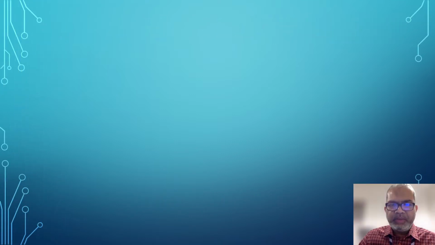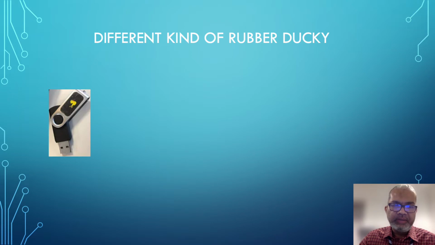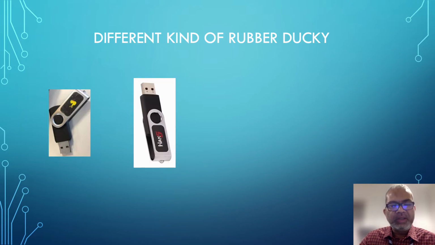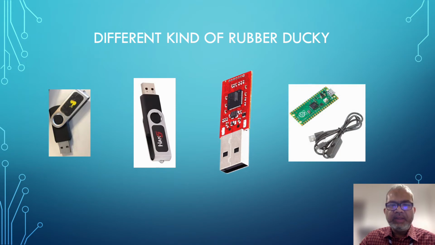A USB Ducky has been around since 2010 and it has recently made an appearance on the USA Network hit TV show named Mr. Robot. There are different kinds of Ducky available and some of them look like a pen drive, something like a thumb drive, a USB with a circuit, and something like a Raspberry Pi with a cable.